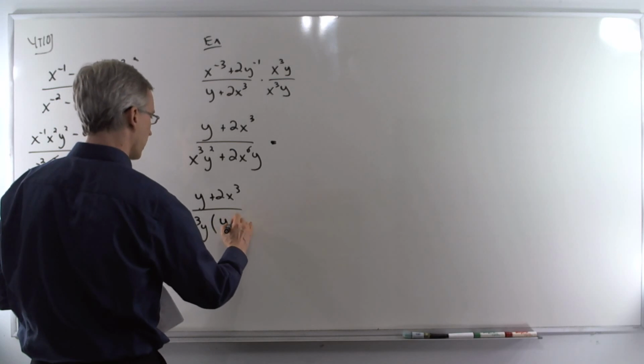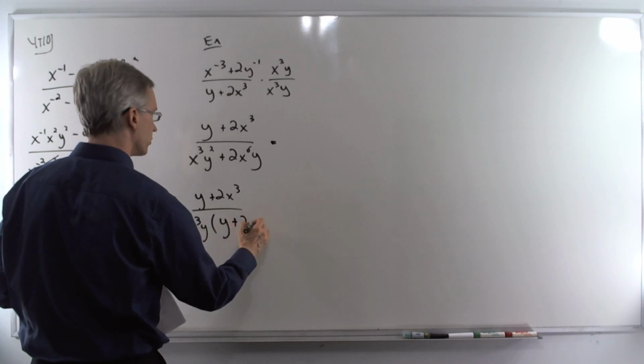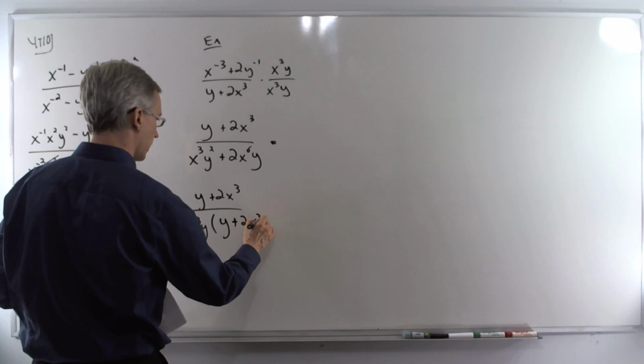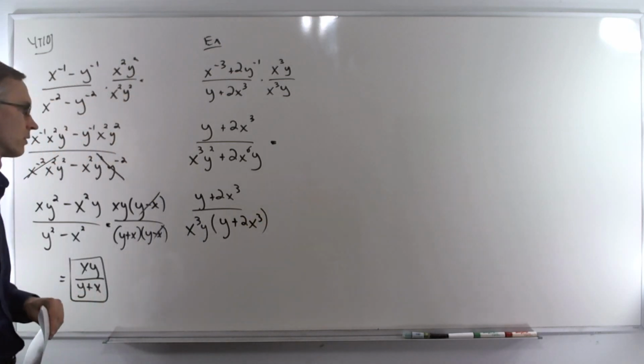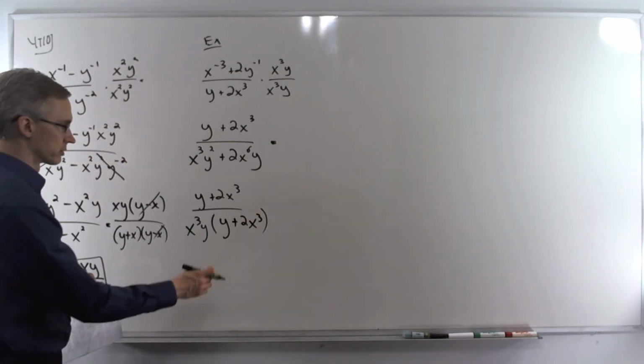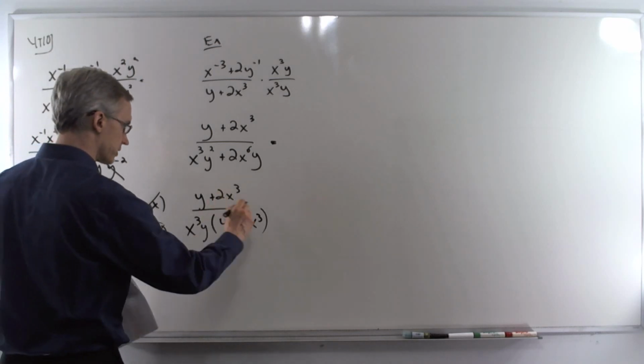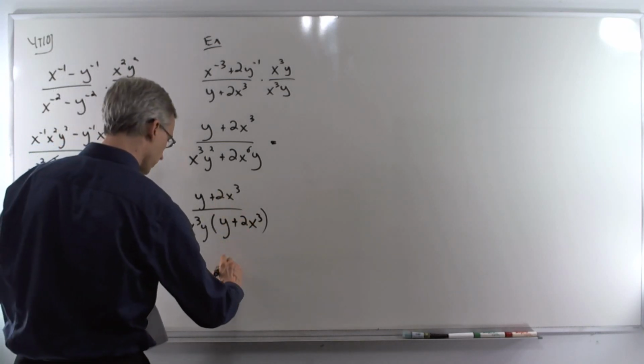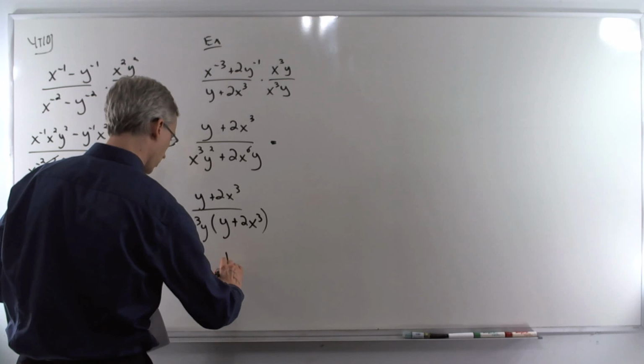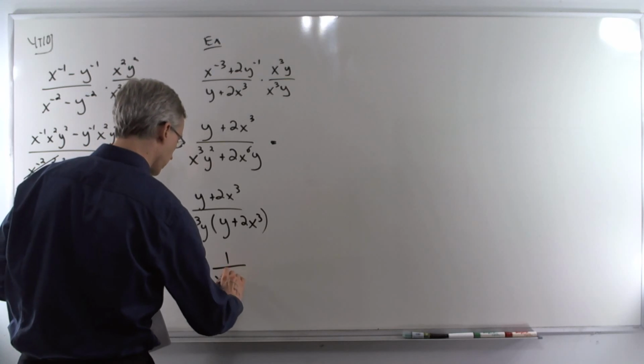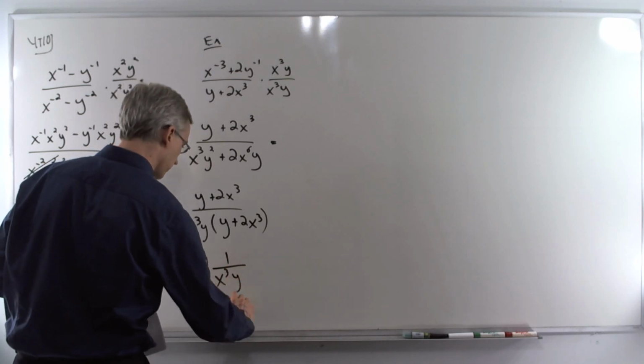That gives us y plus 2x to the third power. And that matches the numerator. So we got matching binomials here. Those cancel, leaving us with just 1 over x to the third times y.